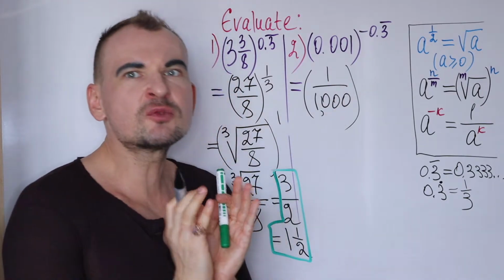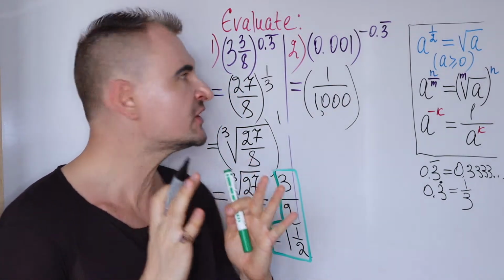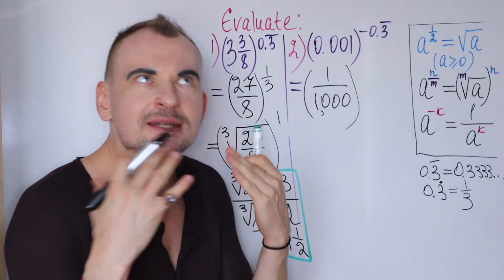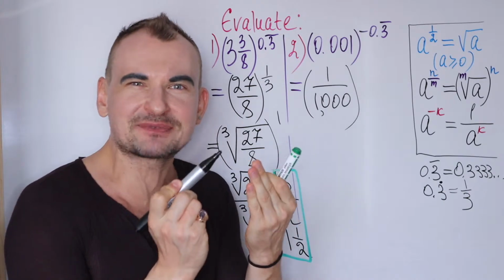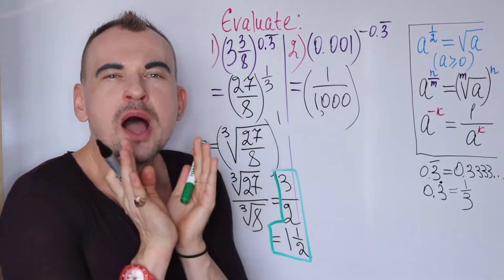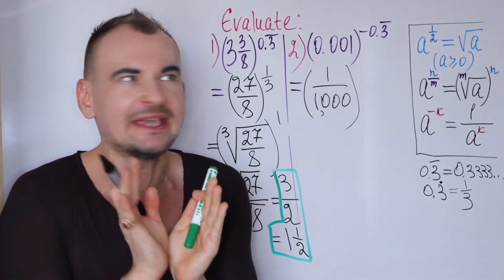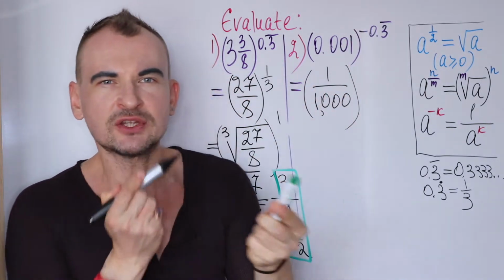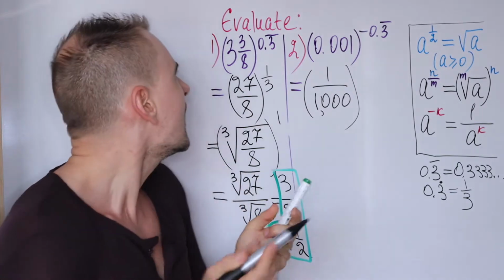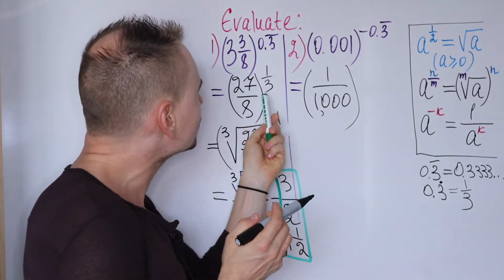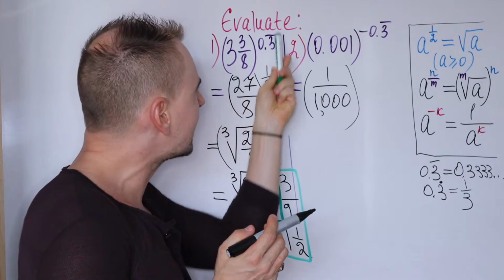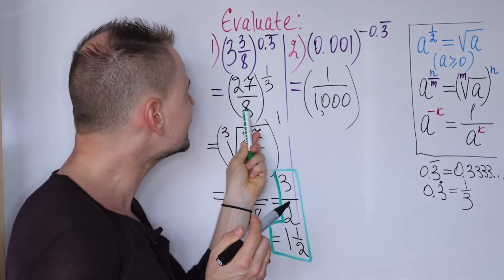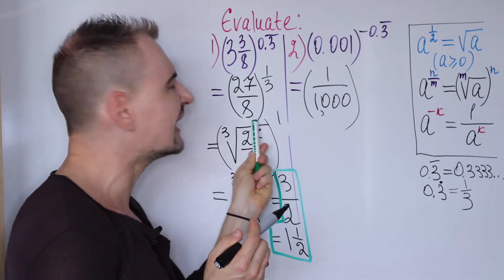And by the way, to be perfectly frank with you, you could literally change the steps. It's all about how it clicks to your brain. You could start with the power and convert it, and after that come to the base. Even here, you could start with the power, convert it to a fraction, and after that change your base into a fraction.